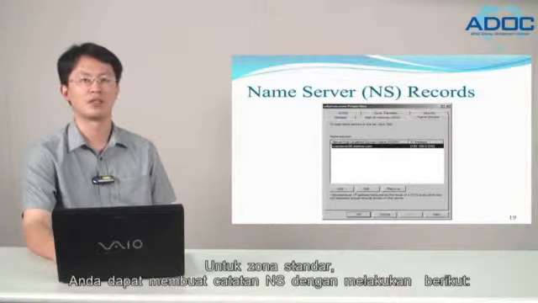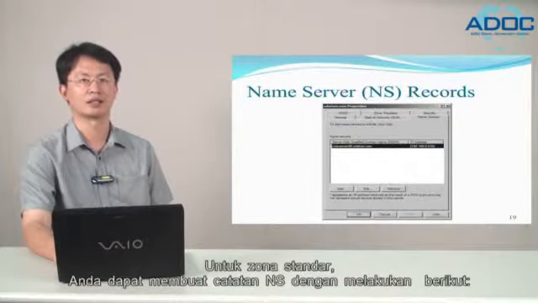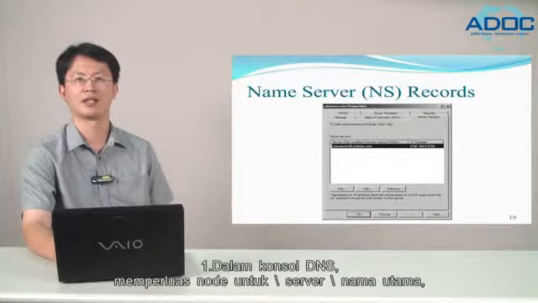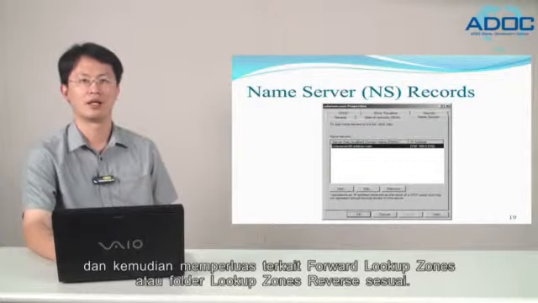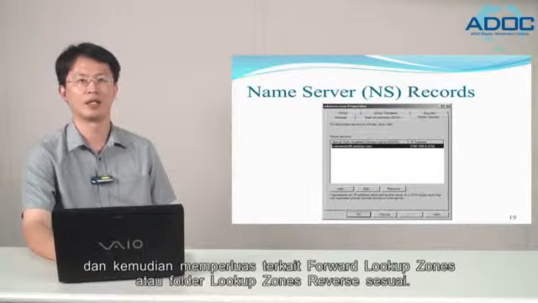For standard zones, you can create an NS record by doing the following. First, in the DNS console, expand the node for the primary name server, and then expand the related forward lookup zones or reverse lookup zone folders as appropriate.